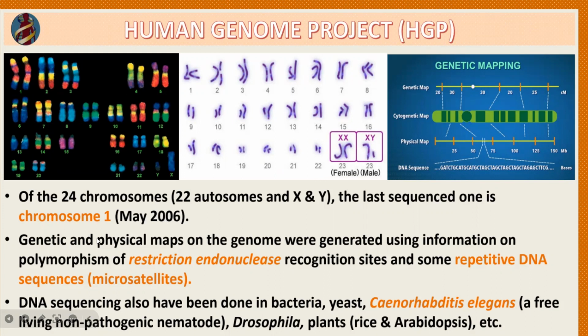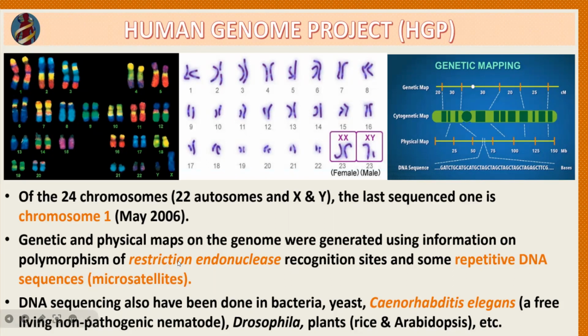Okay. Genetic and physical maps of the genome were generated using information on polymorphism of restriction endonuclease recognition sites and some repetitive DNA sequence, microsatellites. Restriction endonuclease and repetitive DNA sequence are covered in detail in the next slides. What is restriction endonuclease?